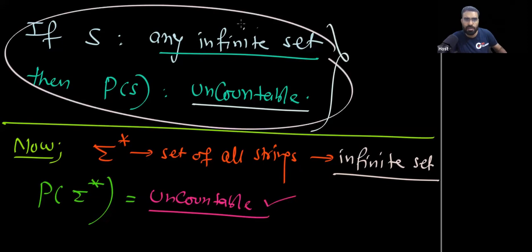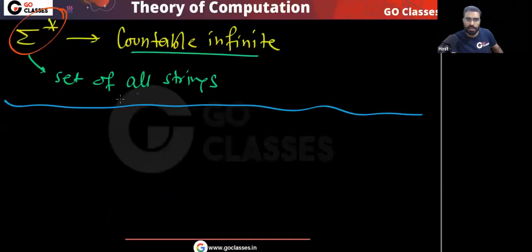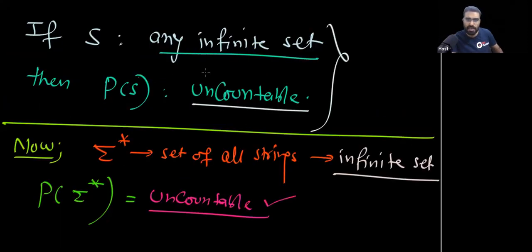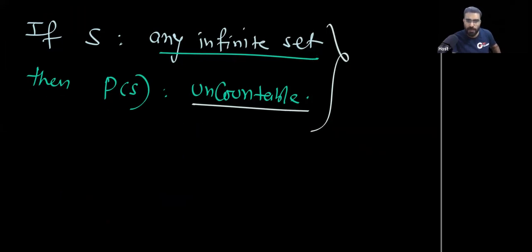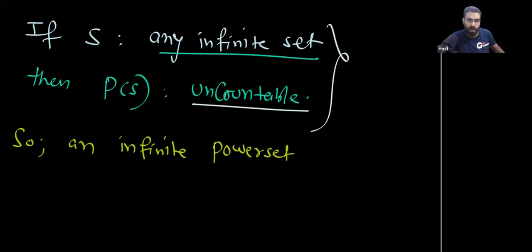And from Cantor's theorem, I can also say one thing: an infinite power set can never be countable. Yes or no? If you have a power set which is infinite, it is never countable.